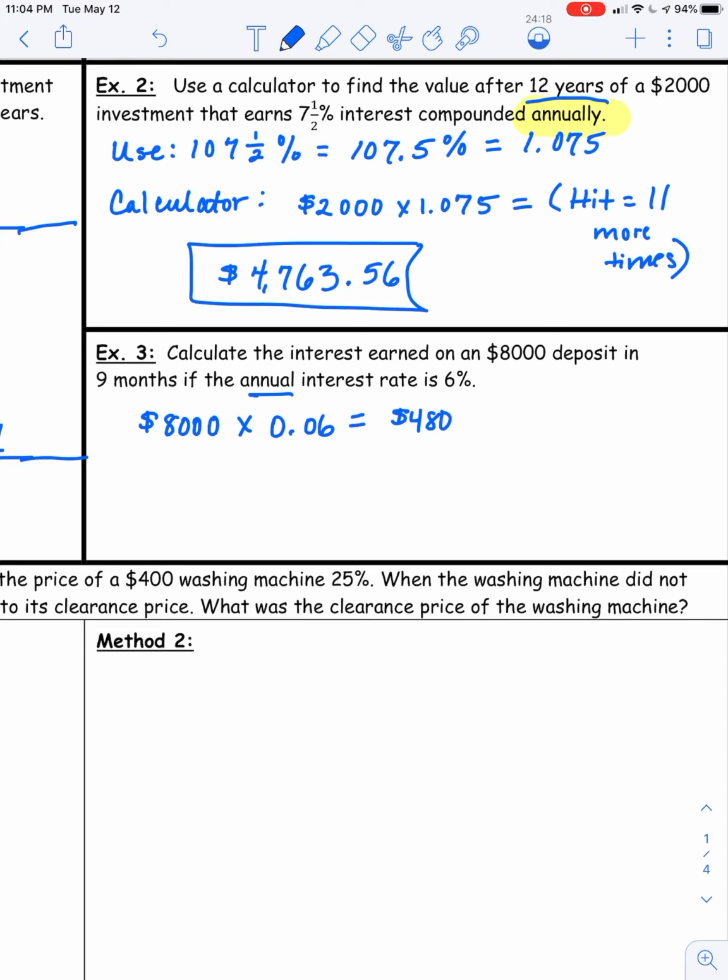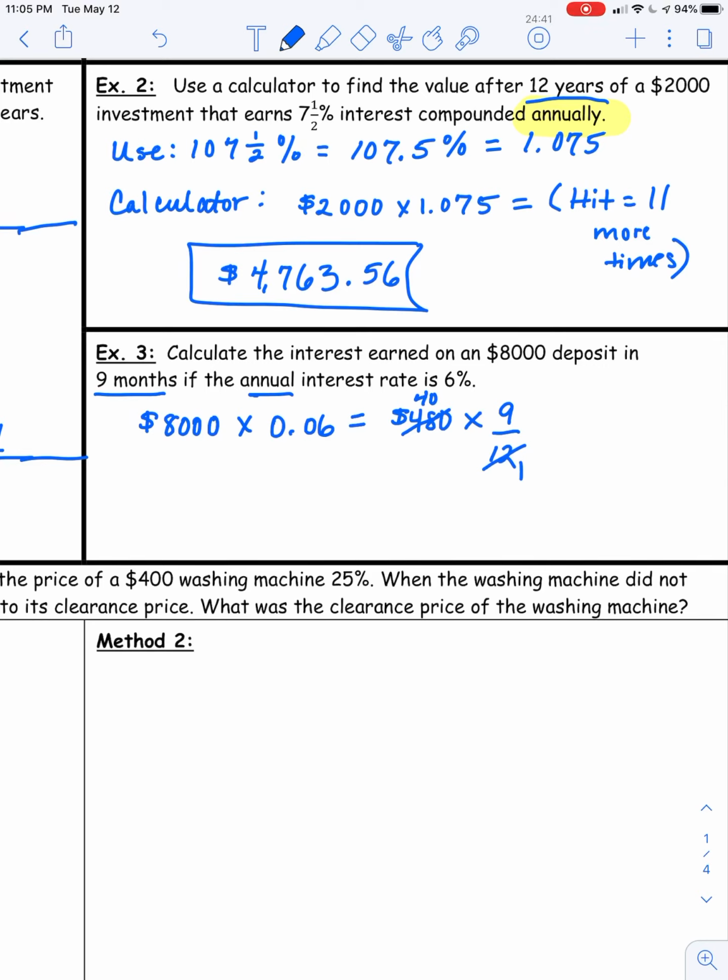Okay, because look, the annual interest is 6%, but it's only in there for 9 months. So I need to multiply this by a fractional part of the year. If it's being paid on 9 months out of the full year, my fraction then would be 9 months out of 12. I could do some cross canceling here.